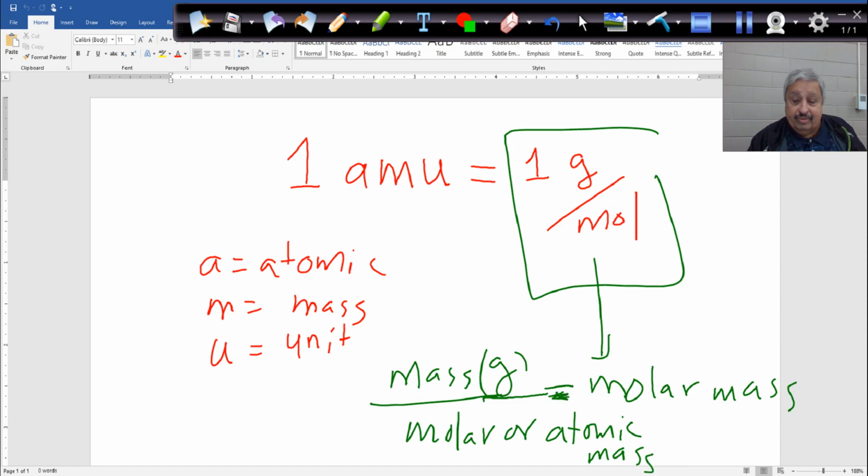I'm bringing this back just for you to recognize that when I say 1 AMU, I'm really talking about the molar mass. AMU is a molar mass, correct, guys? So this is it. Let's go and look at some examples here.